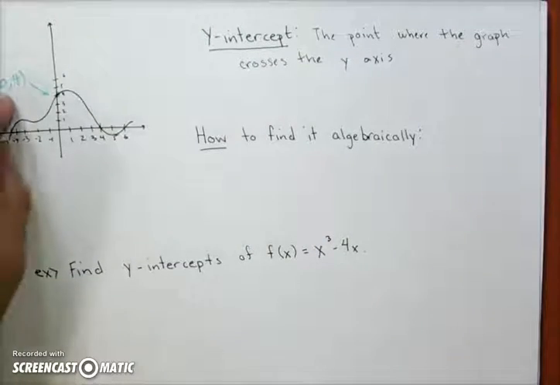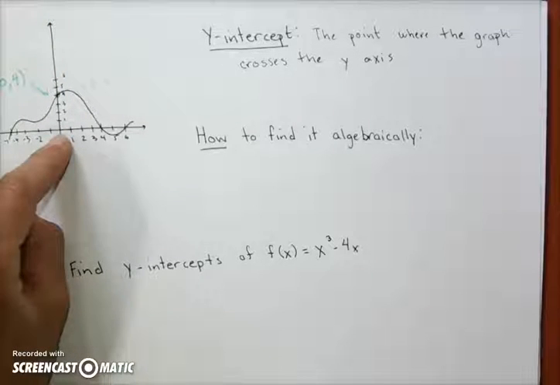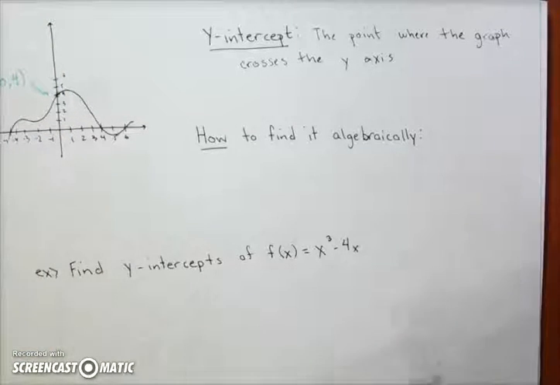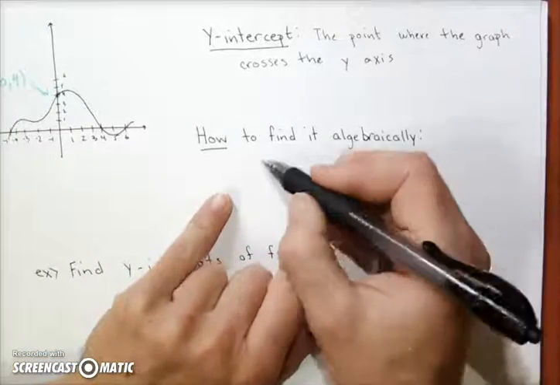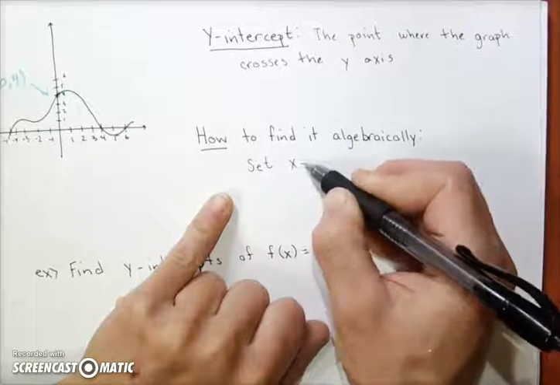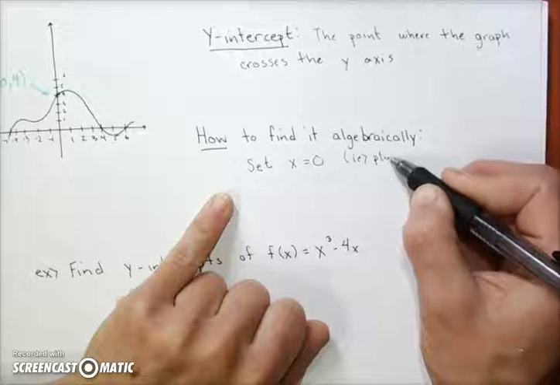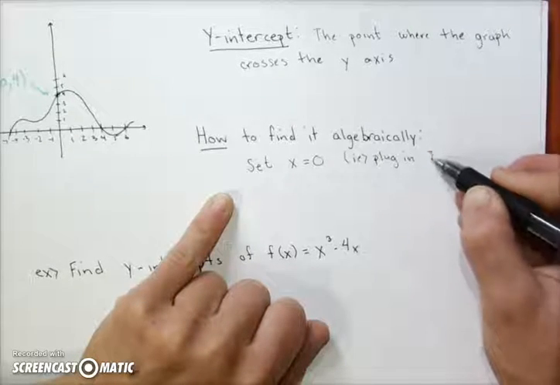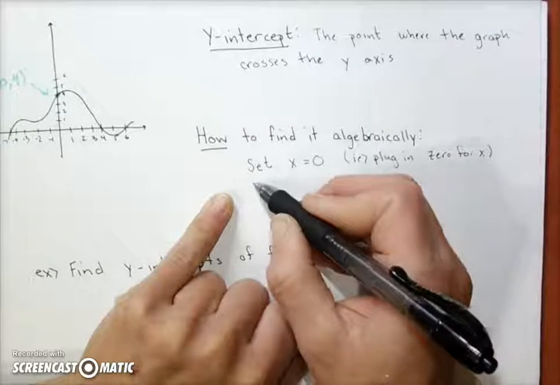So a y-intercept has to be on the y-axis, which means the x coordinate is 0. We use that idea when we come up with the strategy for finding it algebraically. In this case, we set x equal to 0, i.e. plug in 0 for x, and then solve for y.